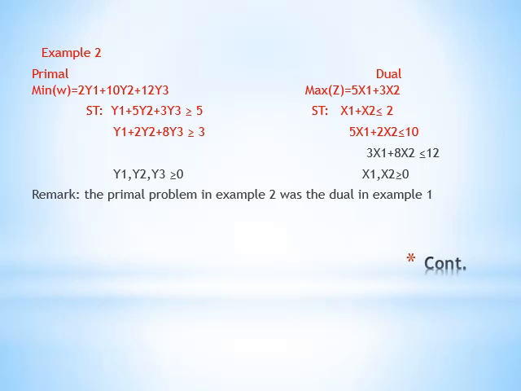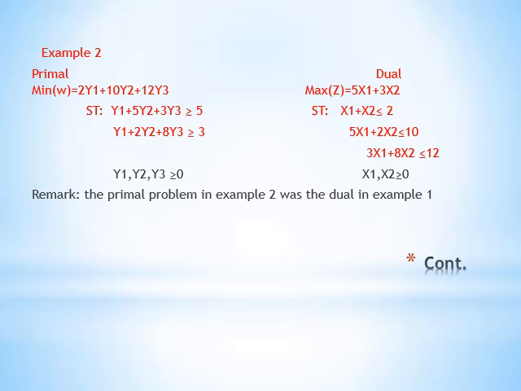The first column of the constraints of the dual is the first row of the primal, and the second column of the dual represents the second row of the constraints of the primal.